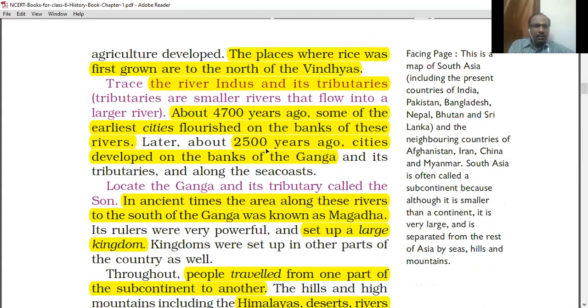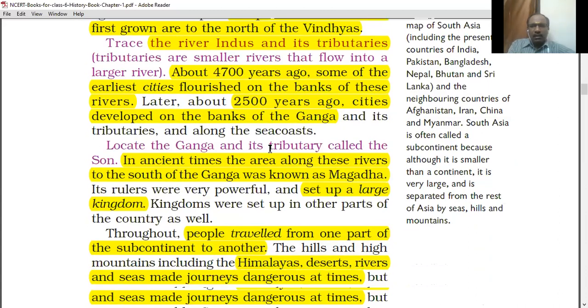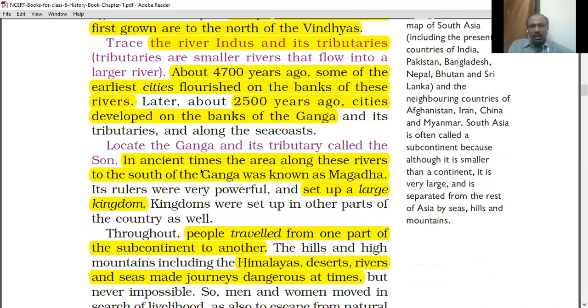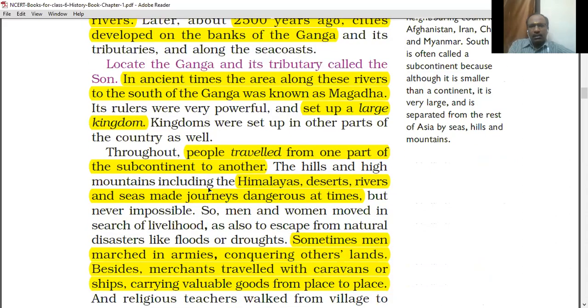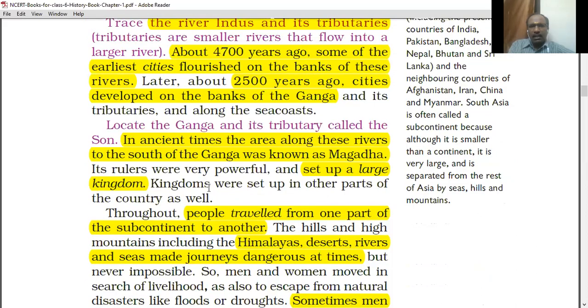Throughout this time, people traveled. In ancient times, particularly in Magadha, the area of present-day Bihar, there were 16 Mahajanapadas, big states like Kosala, Avanti, and Magadha. These are all important states. Among them, Magadha was a very, very big state.